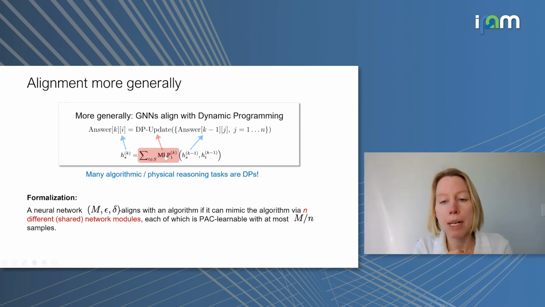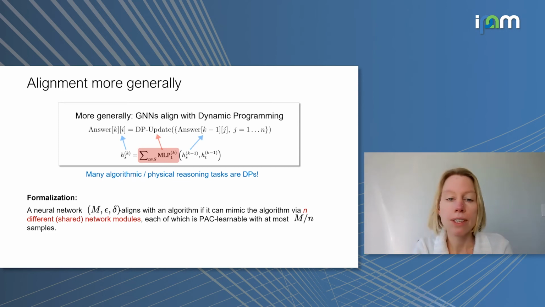Each of these MLPs learns a simple function, and then you can mimic an algorithm that solves the task. So here the notion of simplicity is that you can learn the DP update in this case with a very small number of samples. It's a simple function like a min or a linear function or something like that.